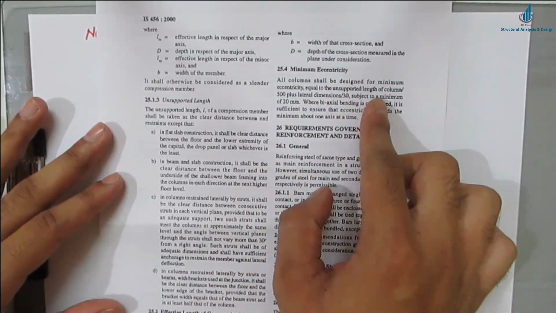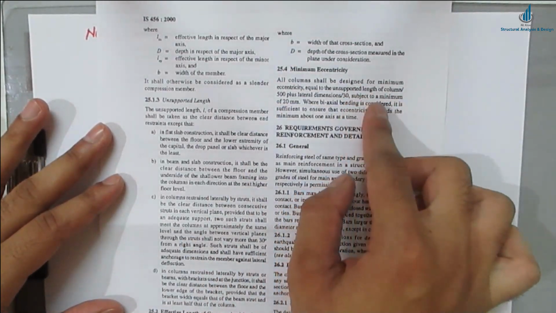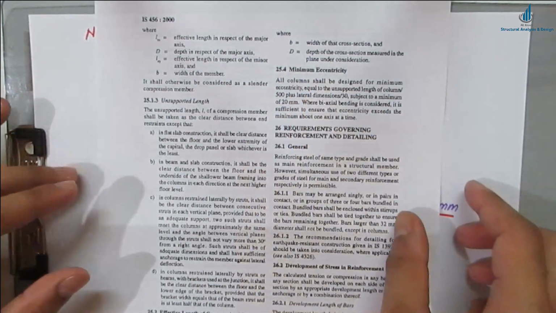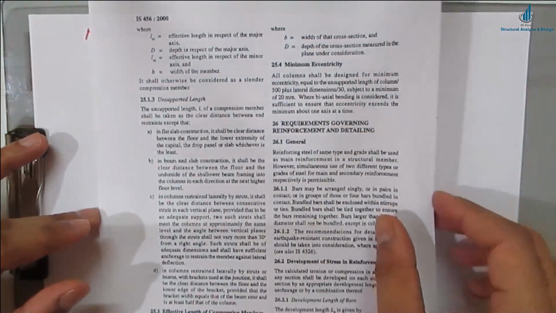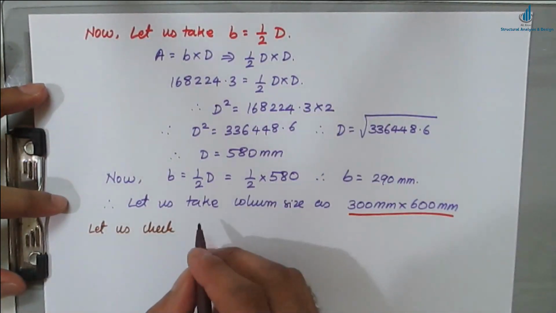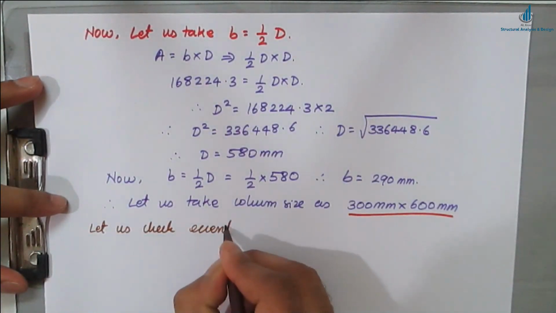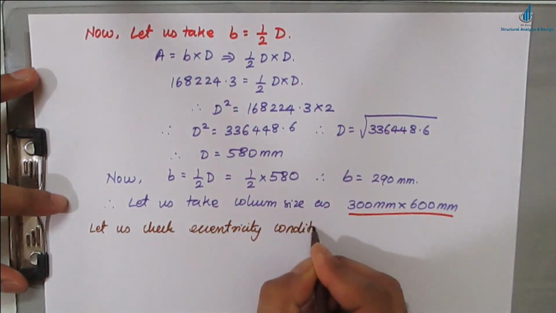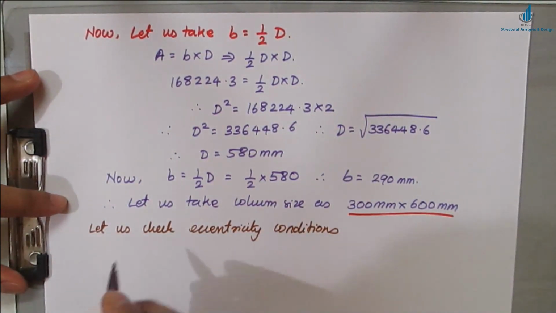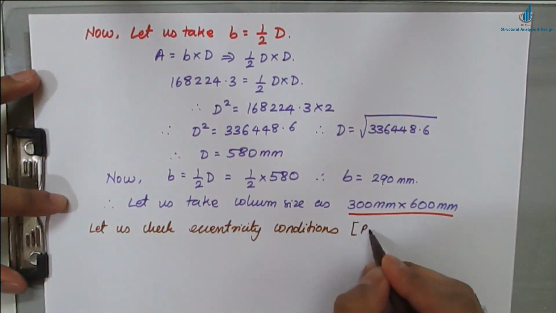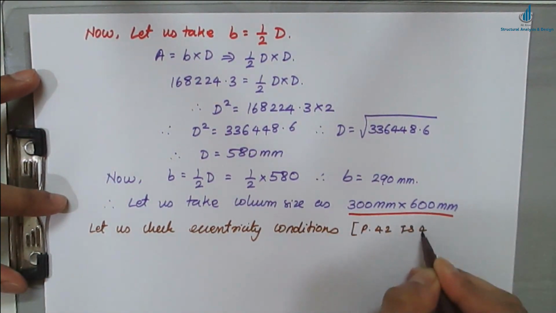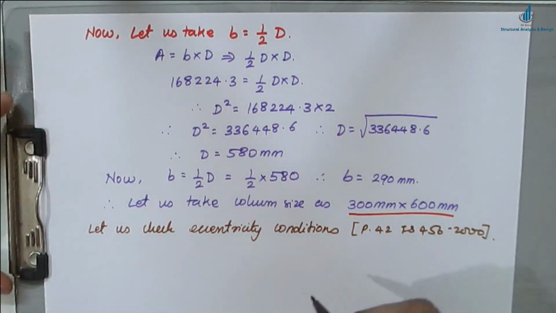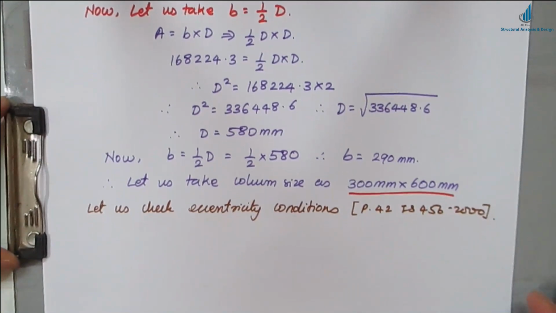So you have to check with this minimum eccentricity for both the lateral dimensions. Let us check eccentricity conditions. From page 42, IS 456 2000.